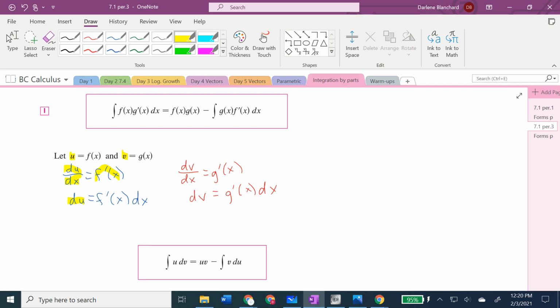So what I'm going to do is I'm going to point out to you where you see f prime of x times dx, we write just du to simplify matters.